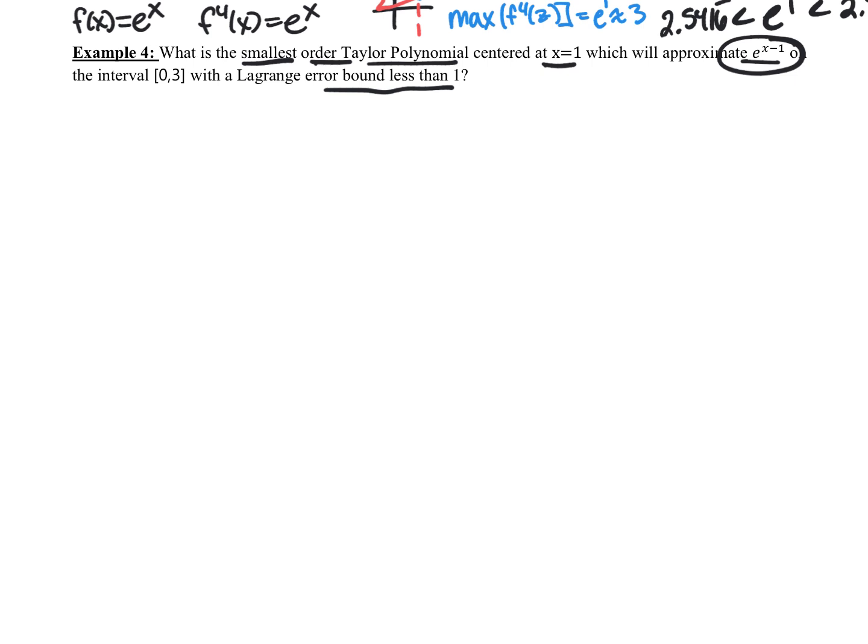So the first thing we're going to do is look at what a Taylor polynomial for e to the x minus 1 looks like, some degree n. And I'm just going to show you what it looks like. You could calculate this by hand yourself.